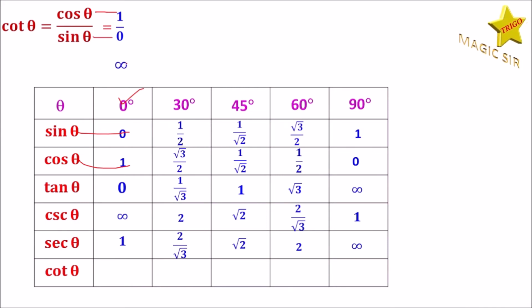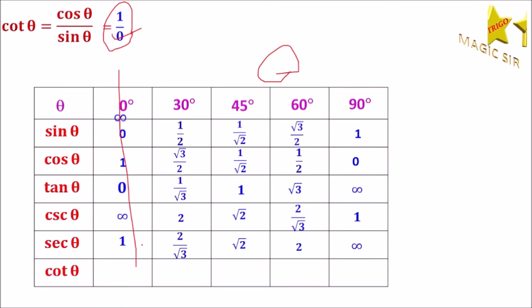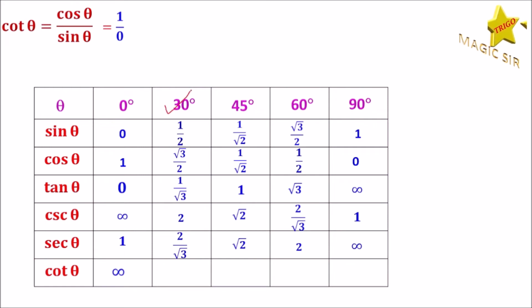That is cot theta is equal to 1 upon 0 is equal to infinity, because division by 0 is undefined. Therefore, cot 0 degree is equal to infinity.